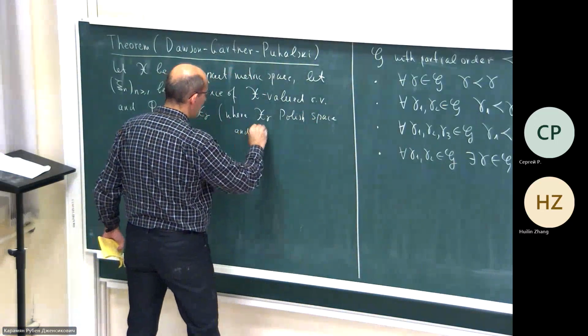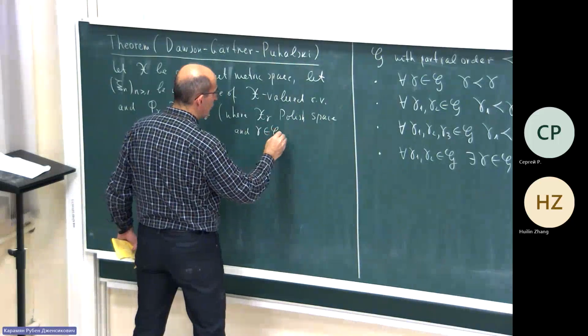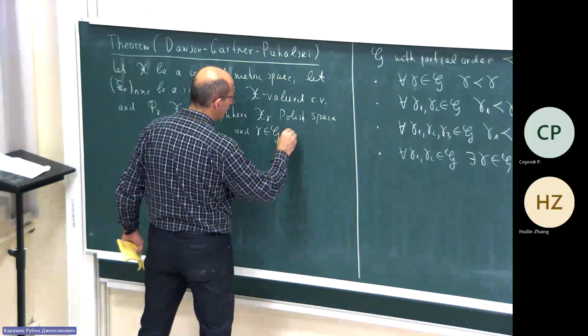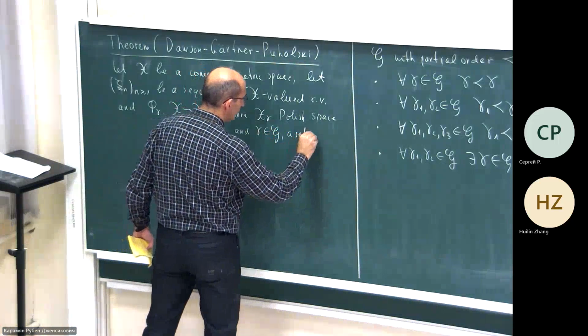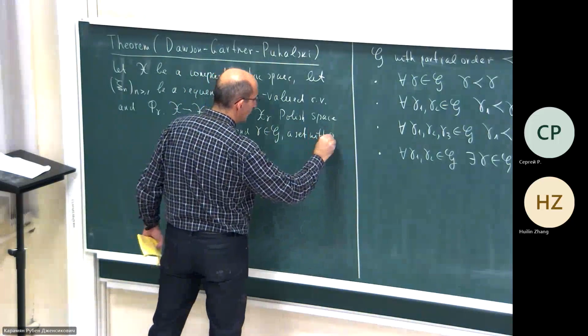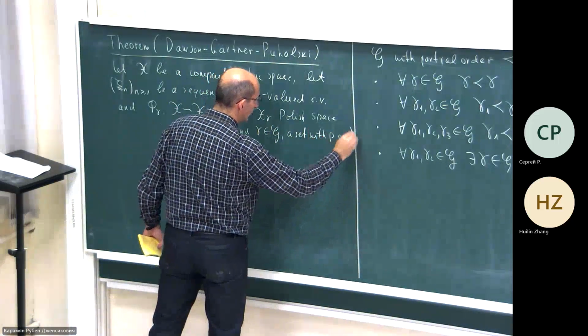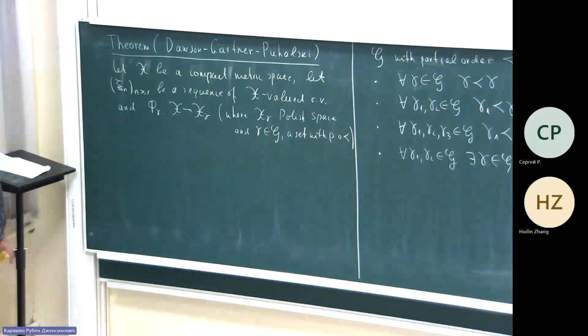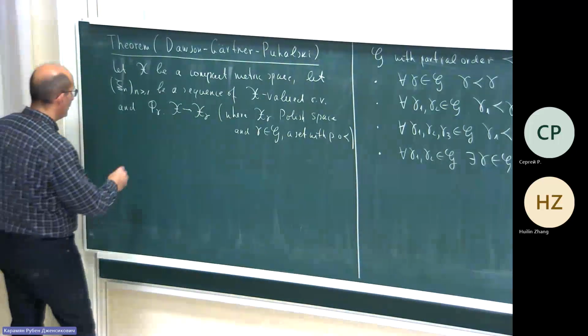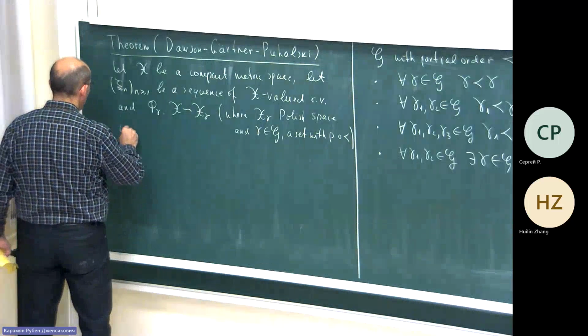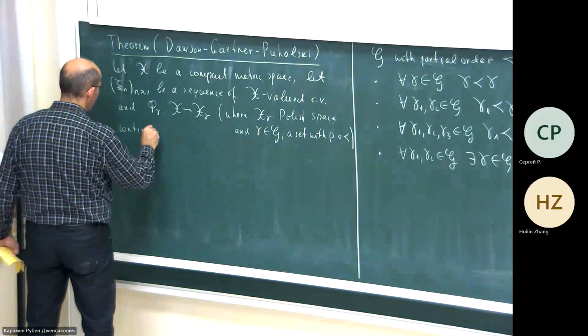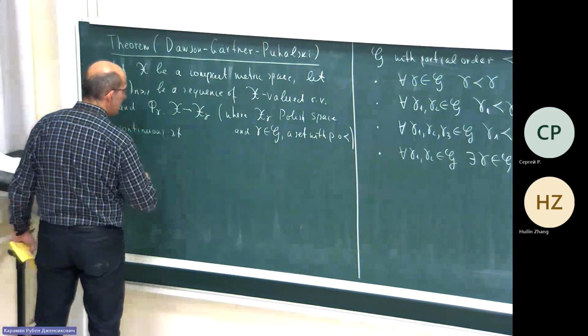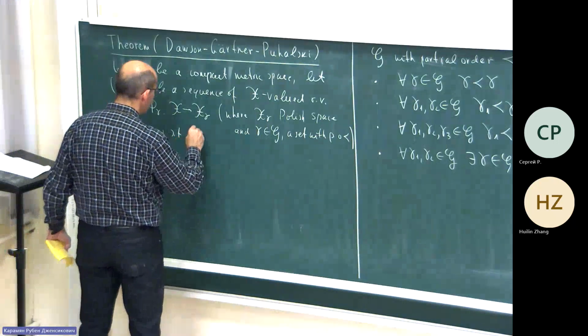And gamma belongs to G, a set with partial order. Okay, so we have a sequence and a family of continuous maps such that the following properties hold.